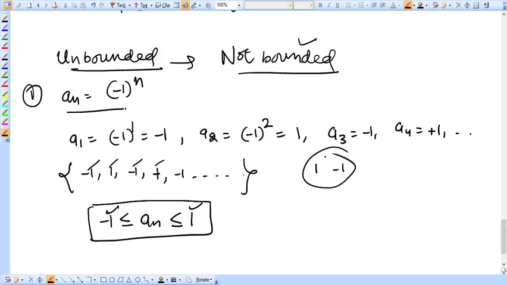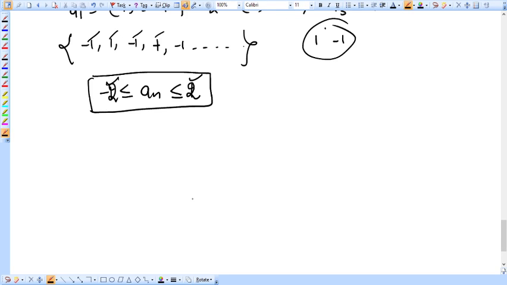Therefore we can say this sequence is a bounded sequence. Or you can also say an is lesser than 2 and greater than -2. In this way you can also prove that this is a bounded sequence. So it is pretty easy to prove that this sequence is bounded. One more example.